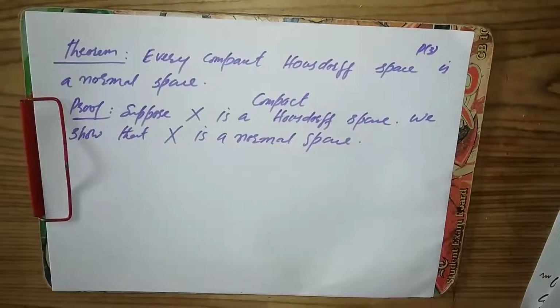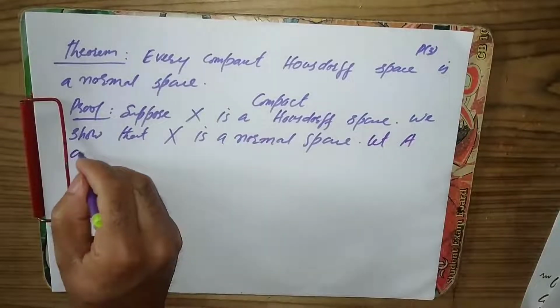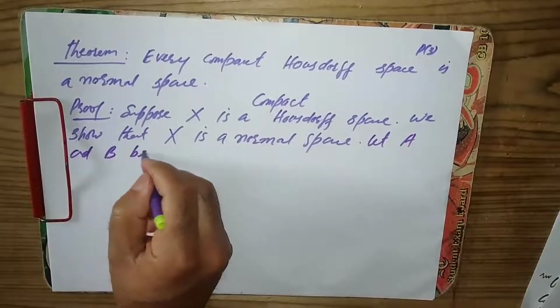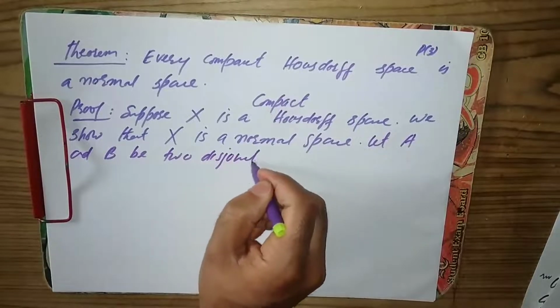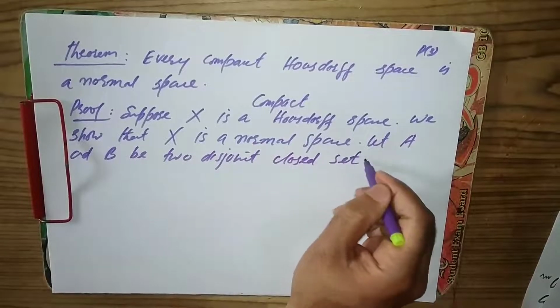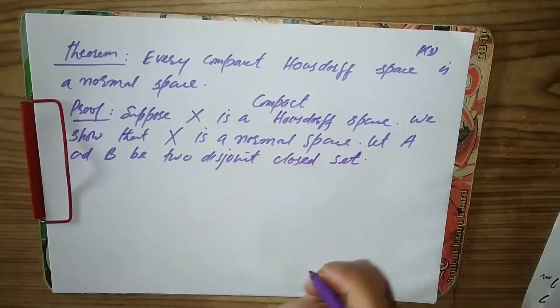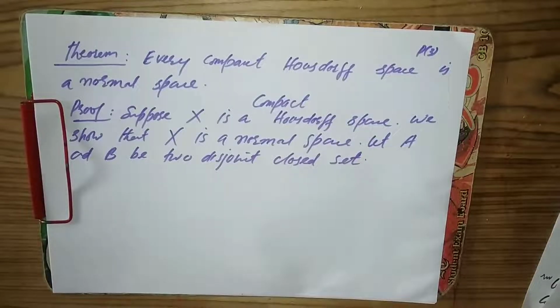So let's take any two disjoint closed sets. Let A and B be two disjoint closed sets. We need to show that they can be separated by disjoint open sets.